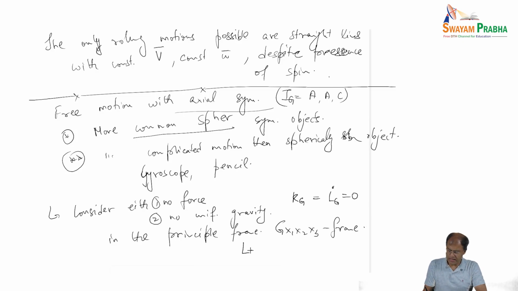Okay, so Lg in this case is A omega 1 e1 plus A omega 2 e2 plus C omega 3 e3, right? And we expect that in this case my object has, let us say, the E3 axis has a different moment of inertia than the E1 and E2 axes.